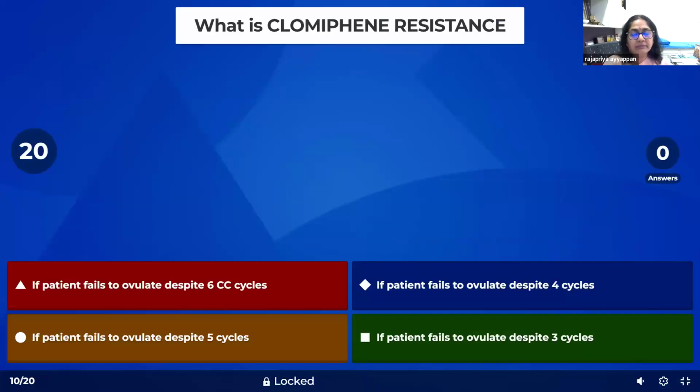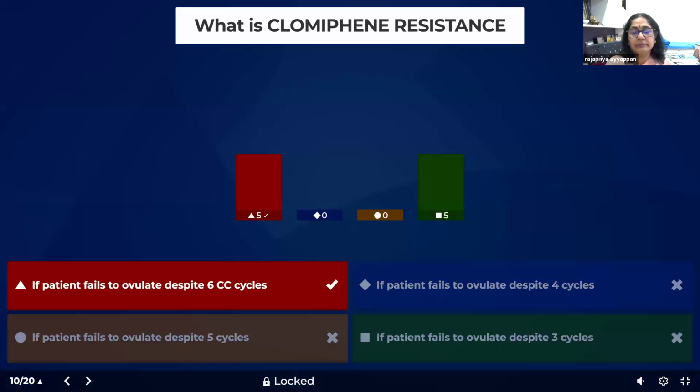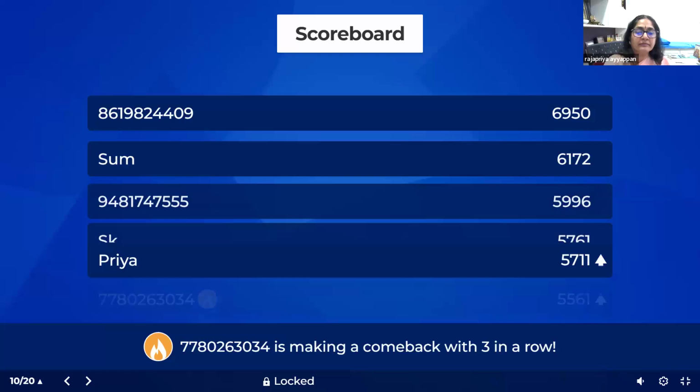Clomiphene resistance: if a patient fails to ovulate despite 6 cycles, despite 4 cycles, despite 5 cycles, or despite 3 cycles. Answer is fails to ovulate despite 6 cycles.